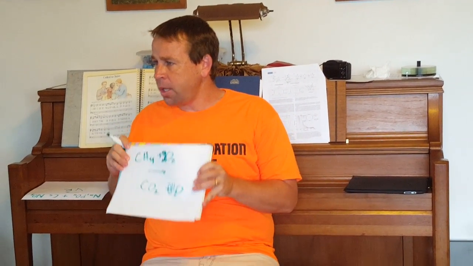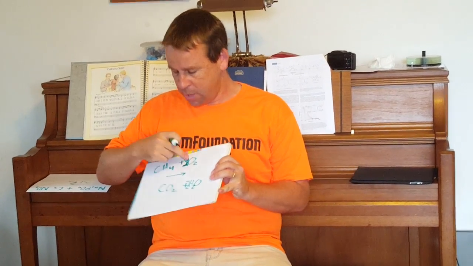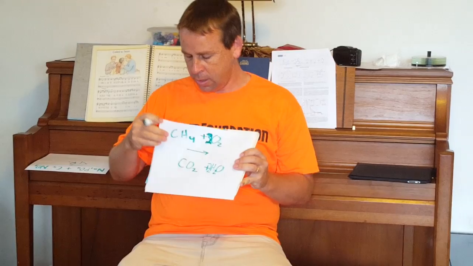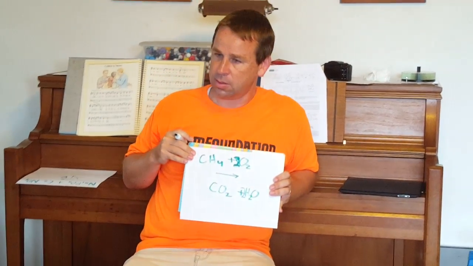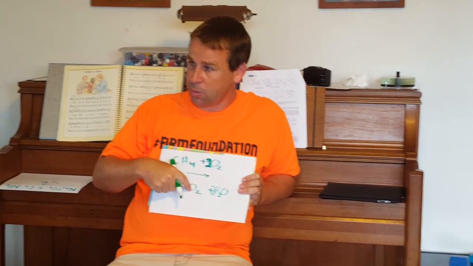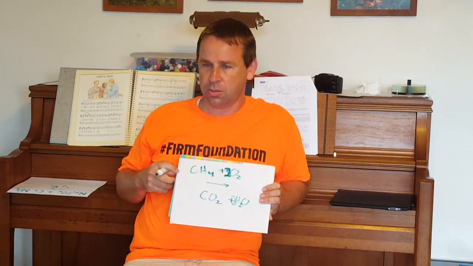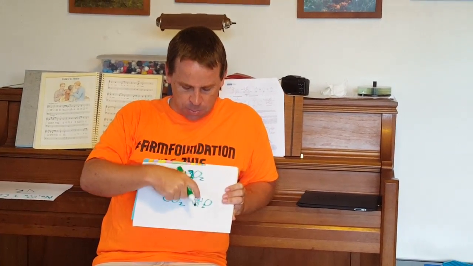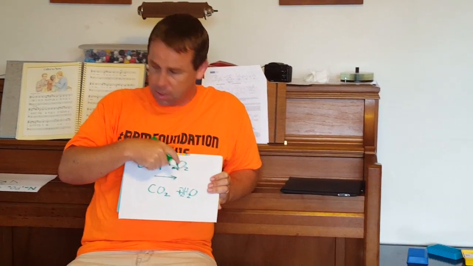So that's how the party actually occurs. One of these met 2 of these, and they formed 1 of these and 2 of these, right? Now, why did it occur? Why did chemistry occur like this? Because carbon is more stable with oxygen than it is with hydrogen, and this oxygen here is more stable with hydrogen than it is by itself.